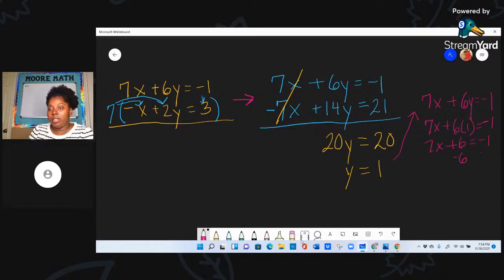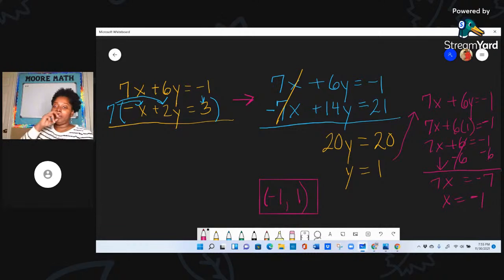Subtracted 6. Good. So we subtract 6 on both sides. We have 7x equals -7. Good. And x equals? 1. -1. Okay. Those signs, they're hard to remember sometimes, but they make a huge difference in the answer. So -1, 1 is your answer.